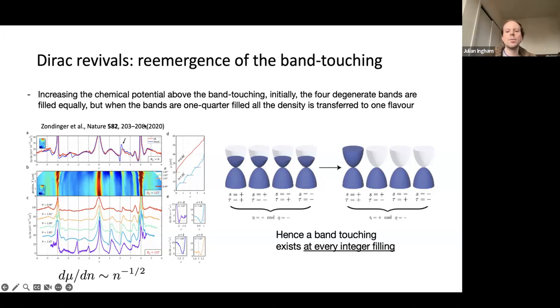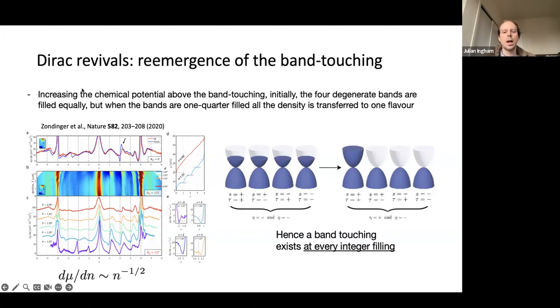As soon as you have enough density to completely fill one of the flavors, that's what you do, i.e., once these Dirac cones on the left are 1/4 filled, all the density is spontaneously transferred to one flavor, and the chemical potential is reset back to the band touching point, but with a reduced degeneracy, where we only have three of these remaining spin valley flavors left.